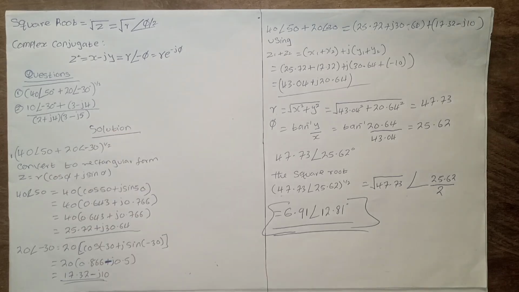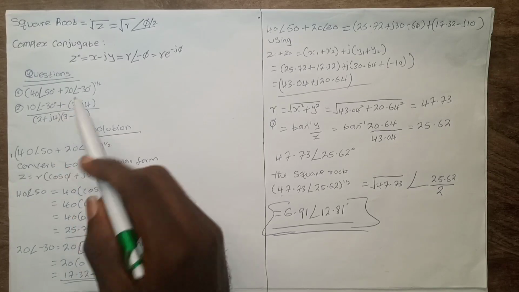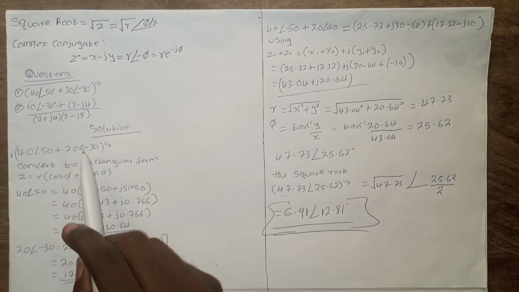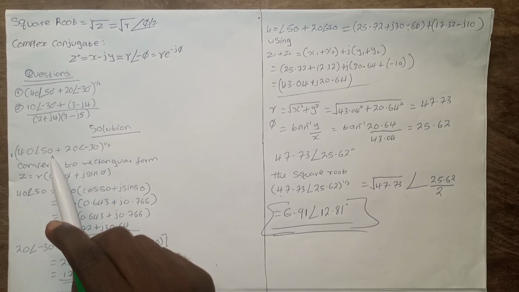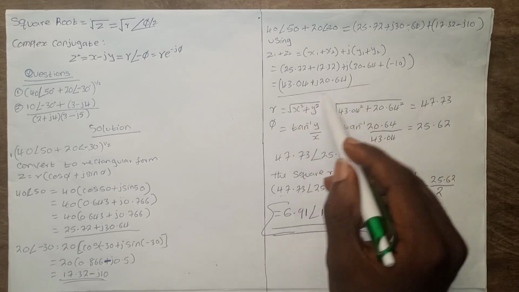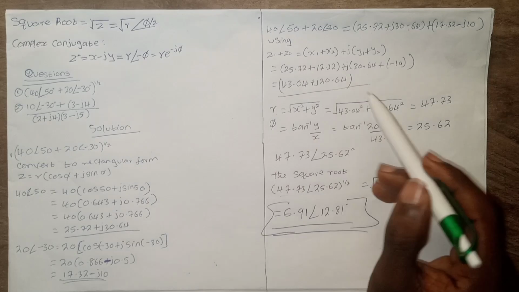So let me quickly recap what we did. This is the question: the magnitude is 40, the angle is 50, plus 20, the angle is minus 30, and the whole bracket is raised to the power 1 over 2. So we are asked to evaluate the complex number. The first thing we do is add in polar form. We convert it to rectangular, and when we convert it, this is what we have. Then to get the square root, we have to convert it back to polar form.